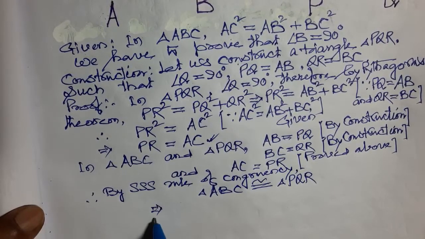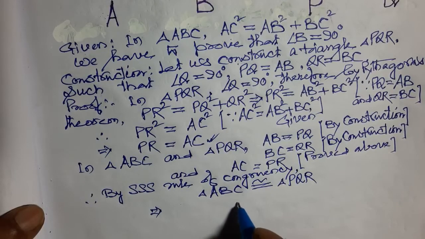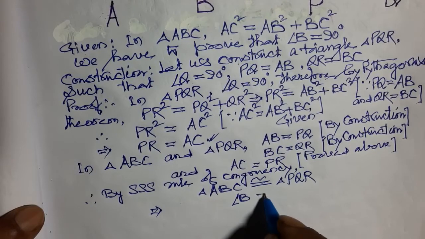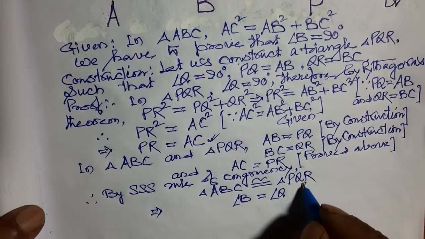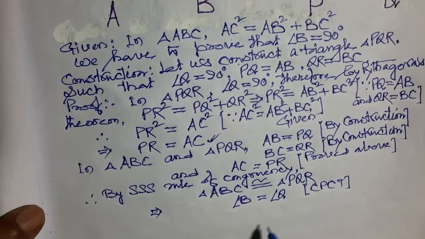This implies angle B is equal to angle Q, corresponding parts of congruent triangles.